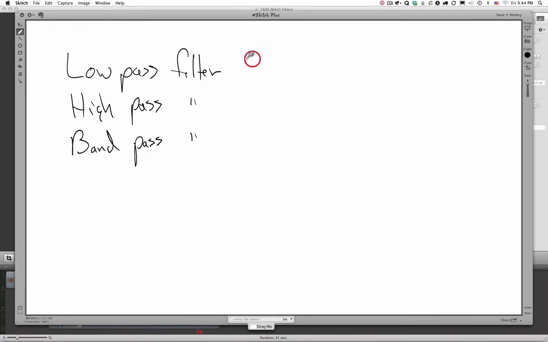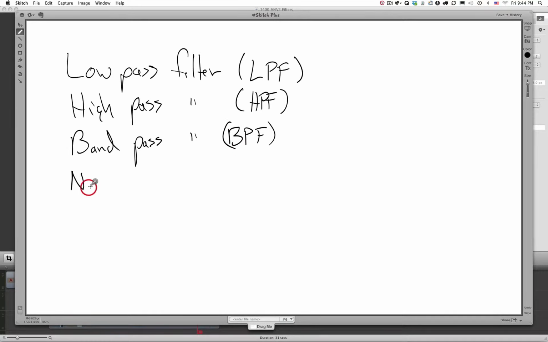These all have abbreviations that are real common as well: LPF, HPF, and BPF. Now, the final filter type we're going to talk about is something called a notch filter.